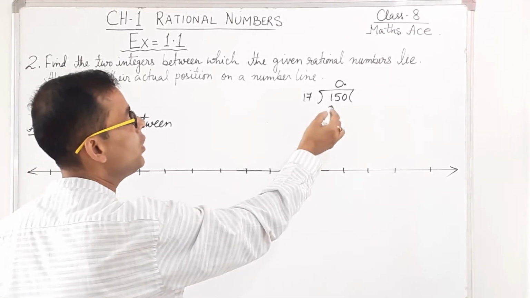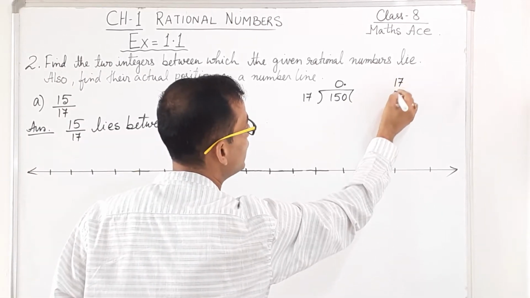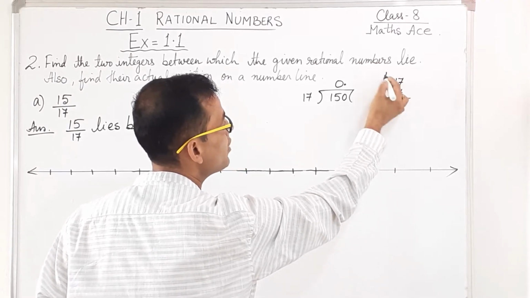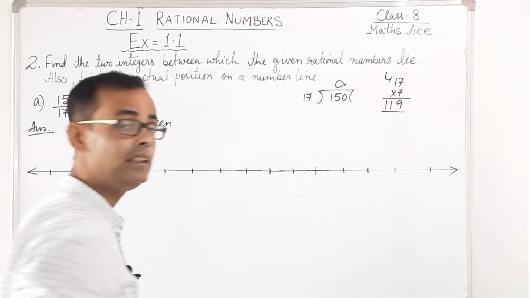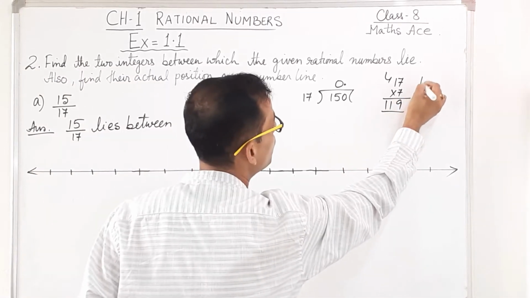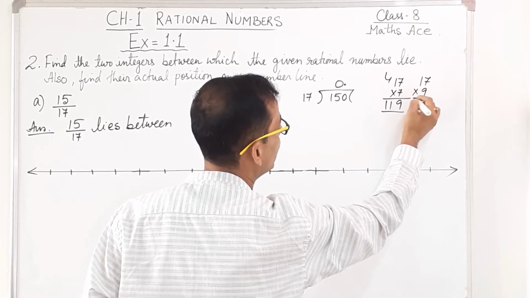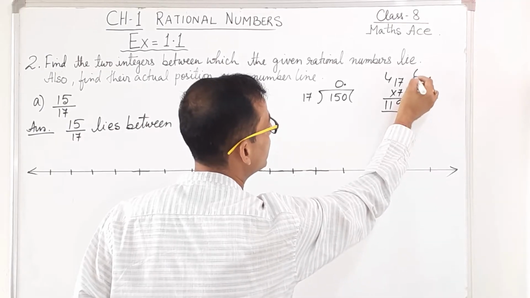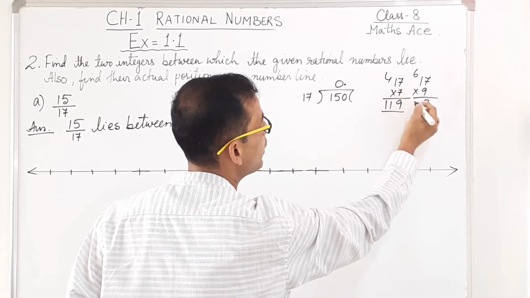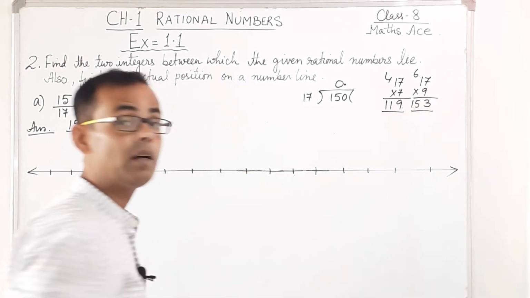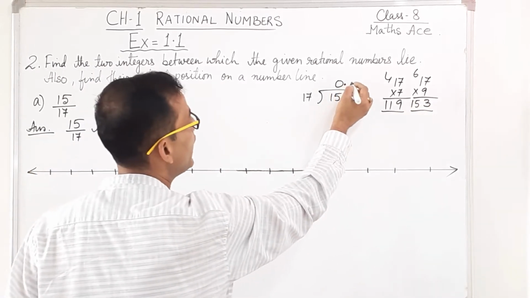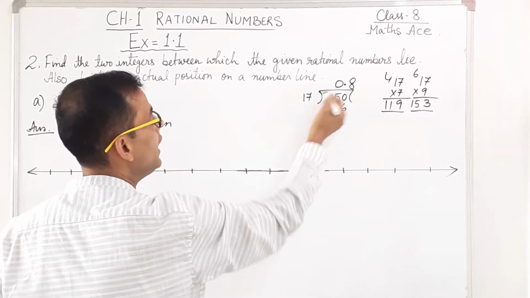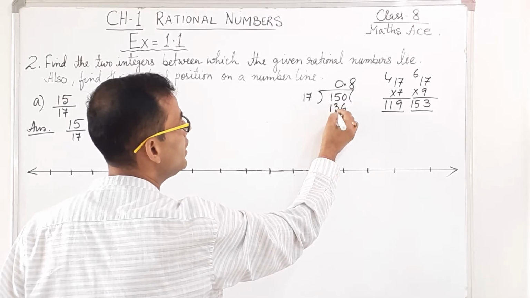So suppose 17 into 7: 7 sevens are 49, 4 carry, 7 ones are 7 plus 4, 11, 119. And then if you go with 17 nines, 9 sevens are 63, 6, 9 ones are 9 plus 6, 153. This is becoming big. So obviously it will go with 8: 8 sevens are 56, 5 carry, 8 ones are 8 plus 5, 13.